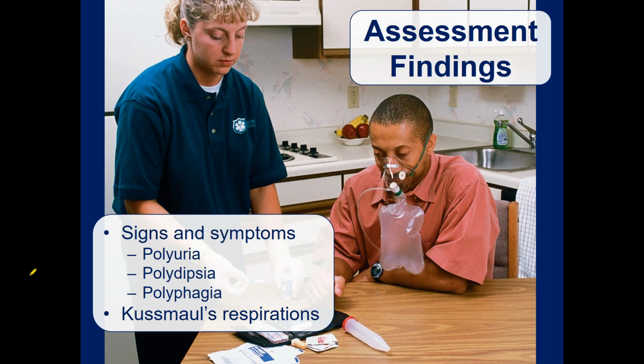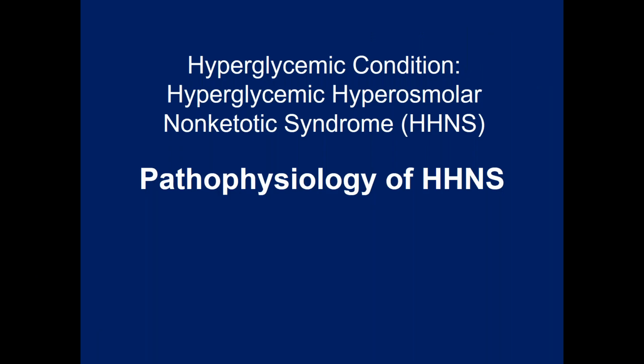So type 1 diabetics are more susceptible to diabetic ketoacidosis. Type 2 diabetics get this mouthful of things as opposed to diabetic ketoacidosis. Type 2 diabetics generally wind up with hyperglycemic, hyperosmolar, non-ketotic syndrome.